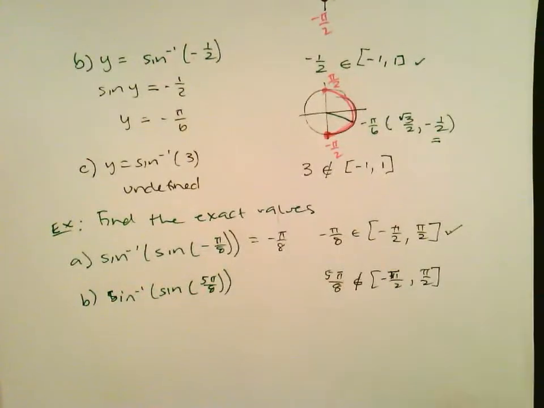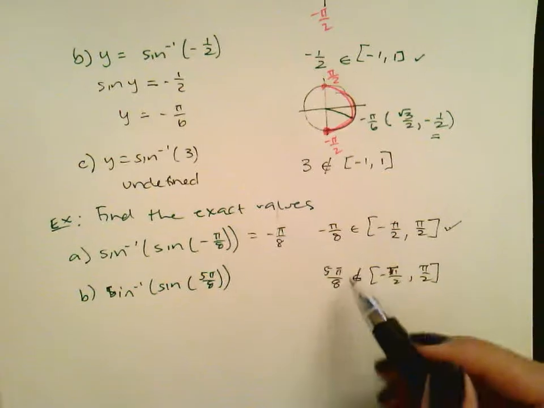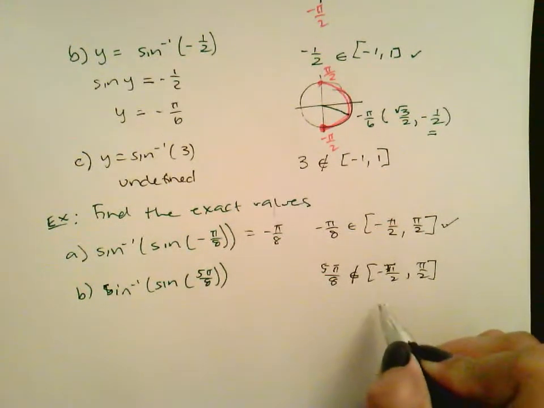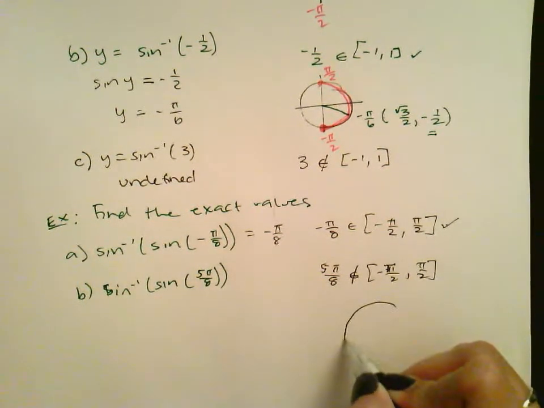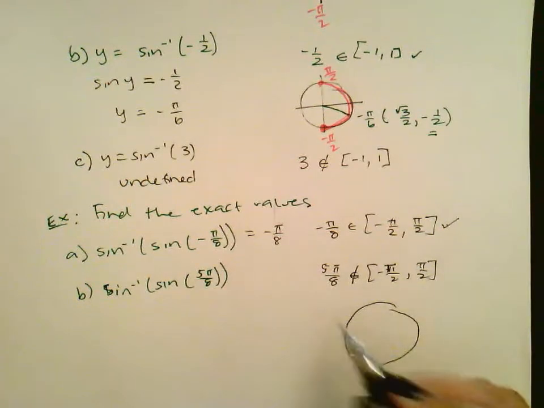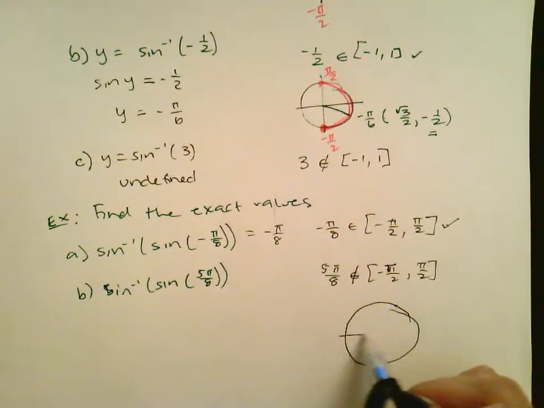That means I need to go and find an equivalent angle that's going to give me the same sine value. So let's go ahead and find an equivalent angle that's within the restriction. So first, on the unit circle, I'm going to find 5π/8.